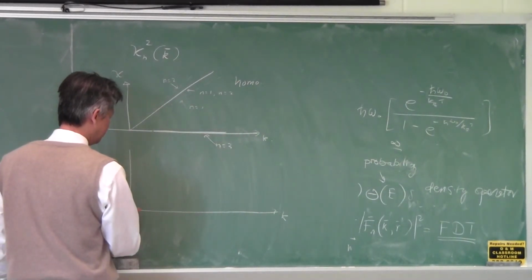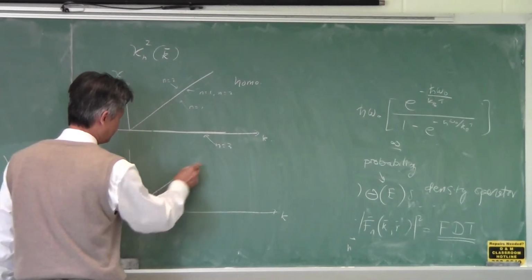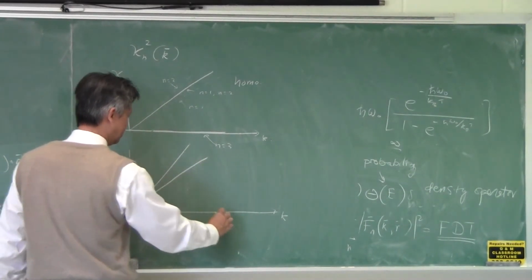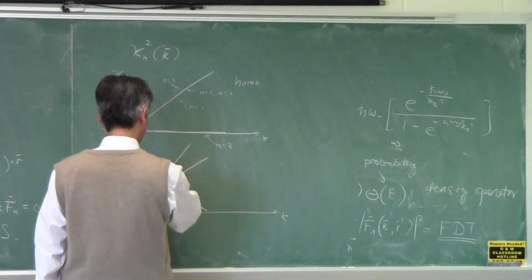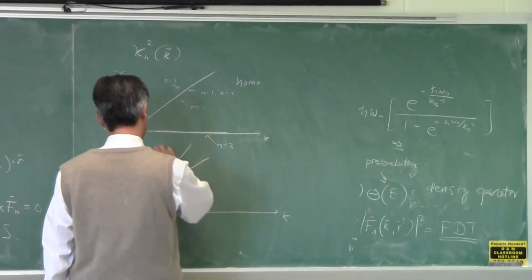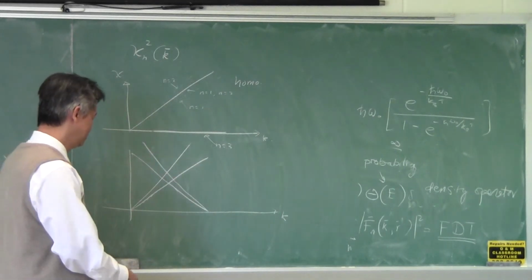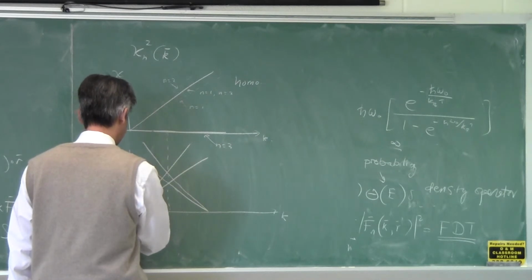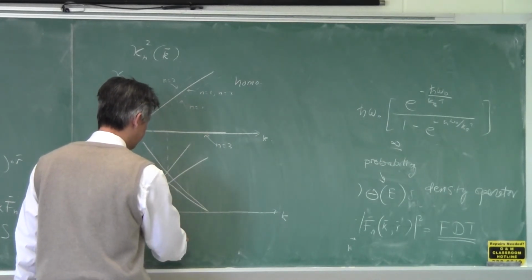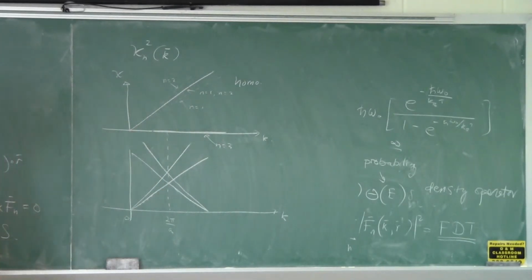So they will split, n is equal to 1, n is equal to 2, and then there will be Brillouin zones coming back like that, wrapping around. This is like aliasing, right? So if you're in one Brillouin zone, like 0 to 2 pi over a in 1D, you'll see this kind of thing.